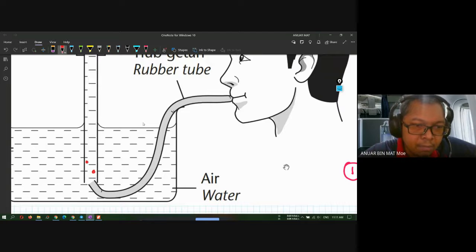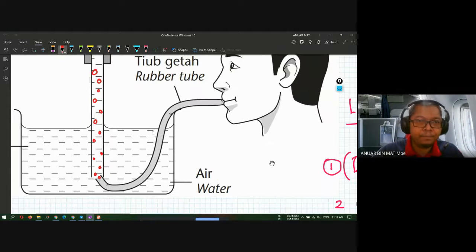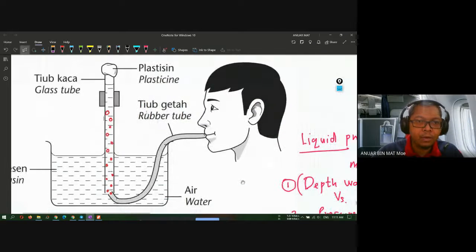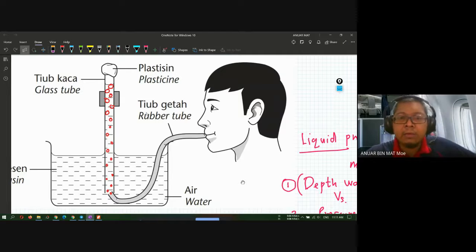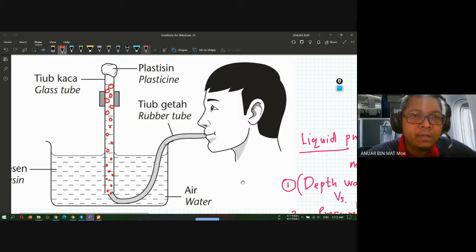There is a bubble over here, and then when the bubbles are going up, because as you know, air is less dense than water. Can you see the difference here, with the size of the bubble?